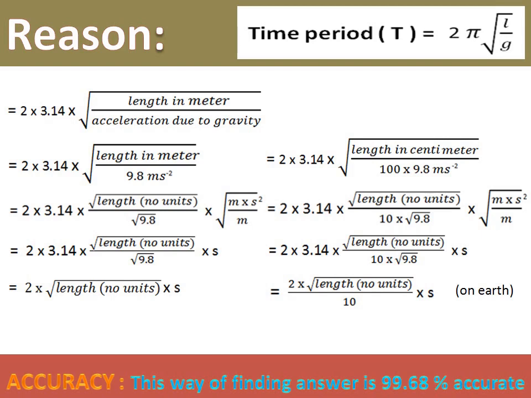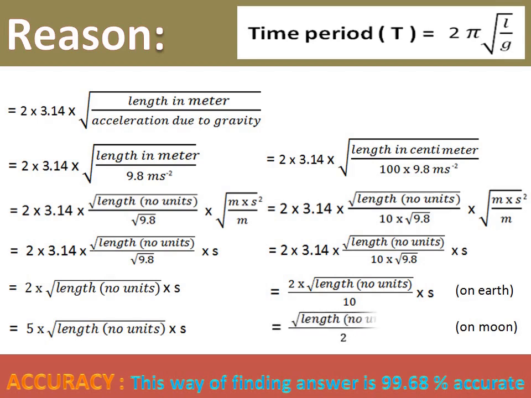By teaching this, we can go a step ahead for the student. Even for finding the time period on the moon, he can use this formula. Just by multiplying the length with no units by 5, in seconds, he gets the value of the time period on the moon.